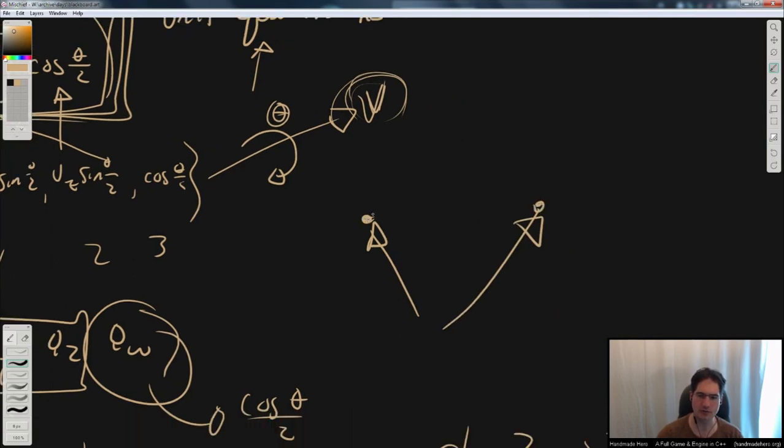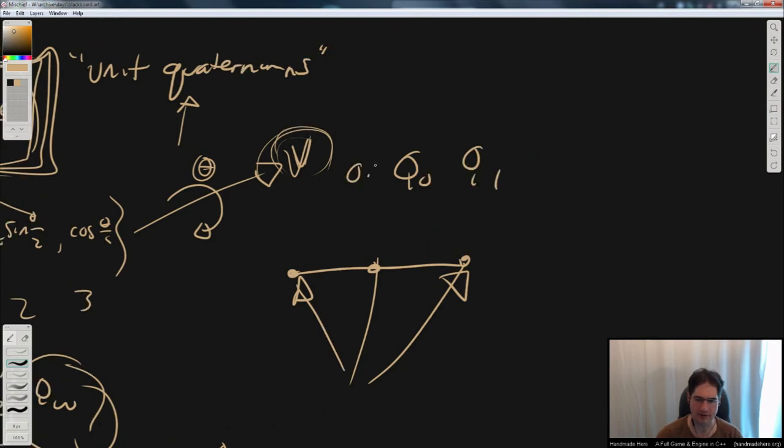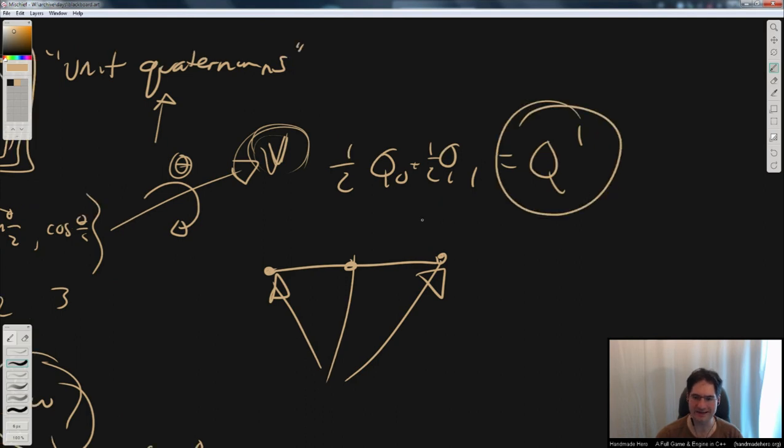And if you want the rotation that's halfway between the two, you can produce that by just adding the two together. If you have Q0 and Q1 and you want the thing halfway between them, you can do a bilinear blend, just 0.5 of one plus 0.5 of the other equals some new quaternion. This is now the rotation halfway between those two, right? It actually works to use the linear compositor.